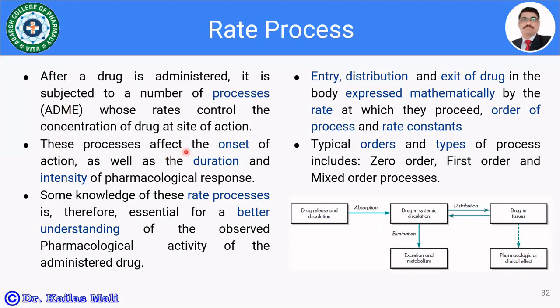These processes affect the onset of action, the duration of action, and the intensity of pharmacological response. Ultimately, whatever ADME processes are there, they are going to affect the onset, duration, and intensity of action, because the quantity of drug which reaches the specific site is decided by all these processes.